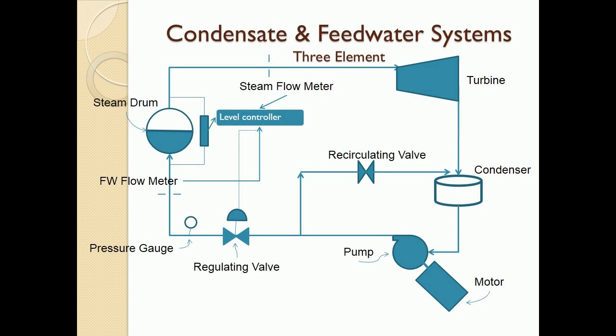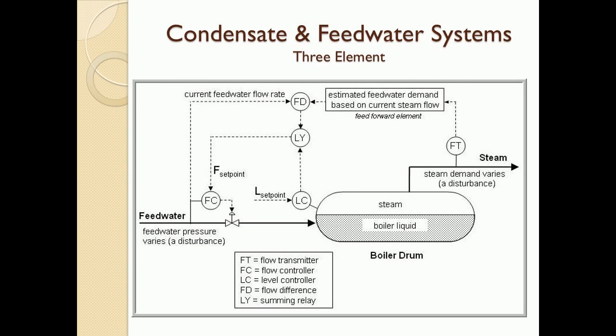The comparison provides a feed-forward signal to the control system for the feedwater control valve to head off a level change before the level actually changes, and thus gives a faster responding control mechanism during online operations. Here is another drawing of 3-element control of steam drum level.